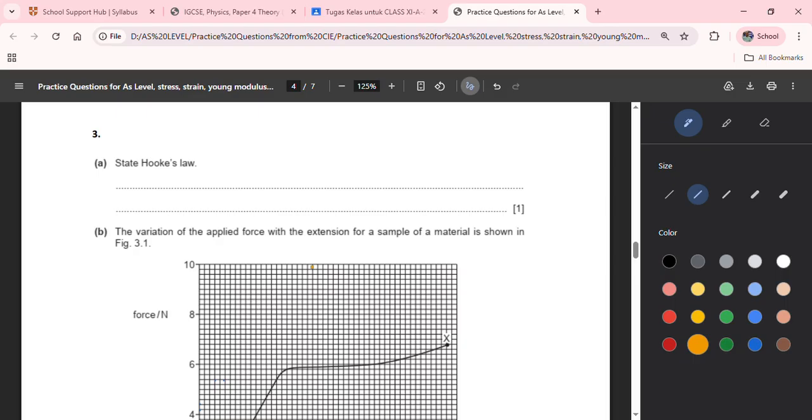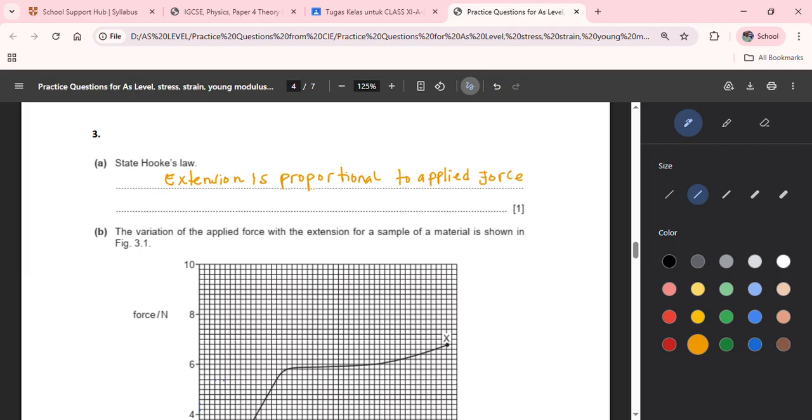when the extension, we know the extension is proportional to force, or to applied force.